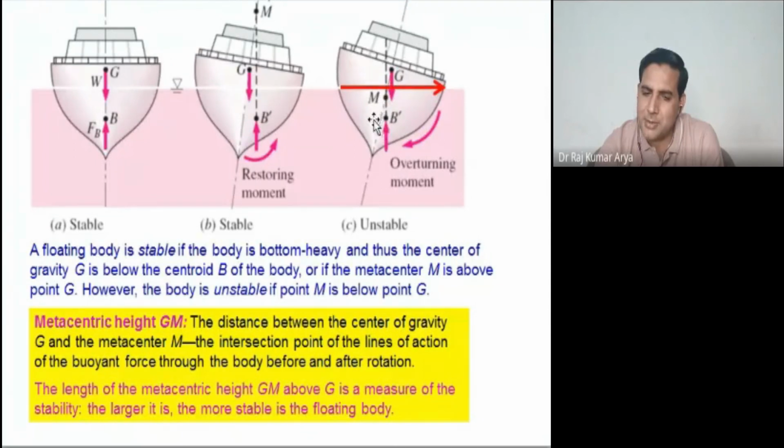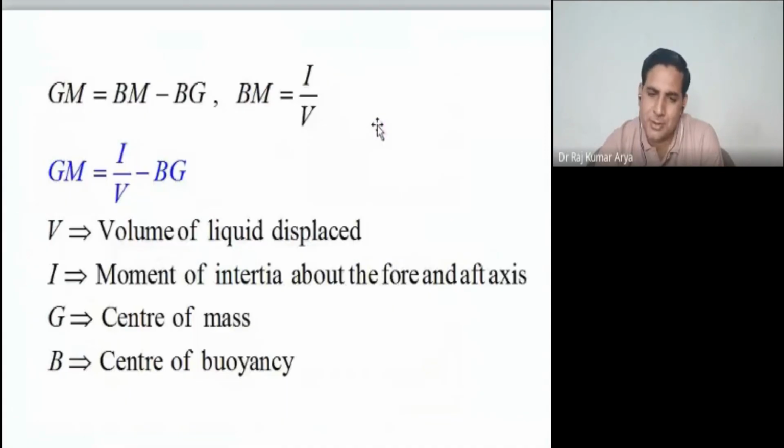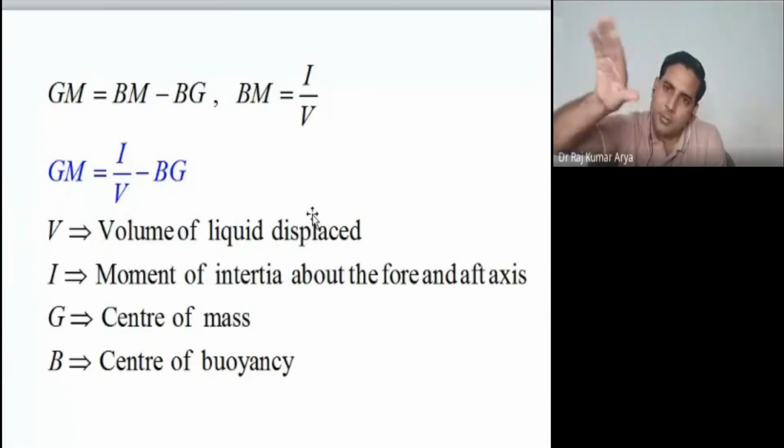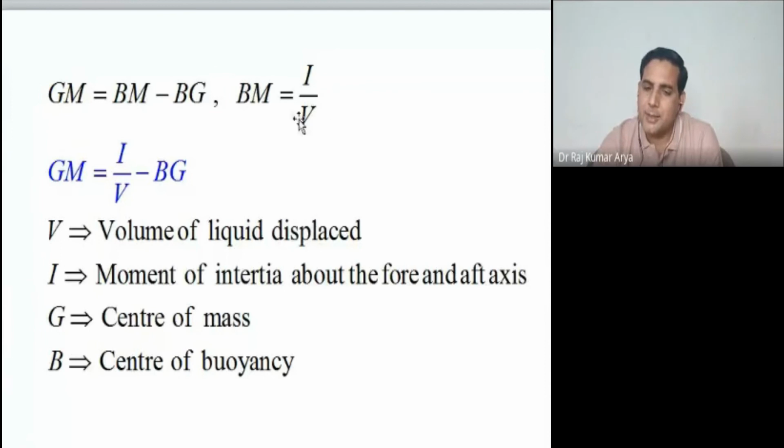So BM minus BG, where BM is calculated as I upon V. I is the moment of inertia of the top surface, and V is the volume of the liquid displaced. We will not do this particular derivation.